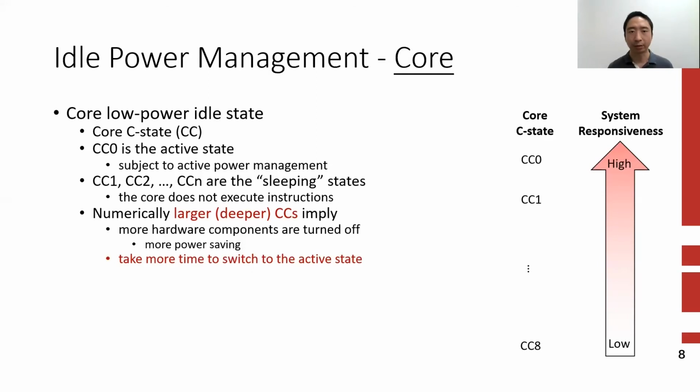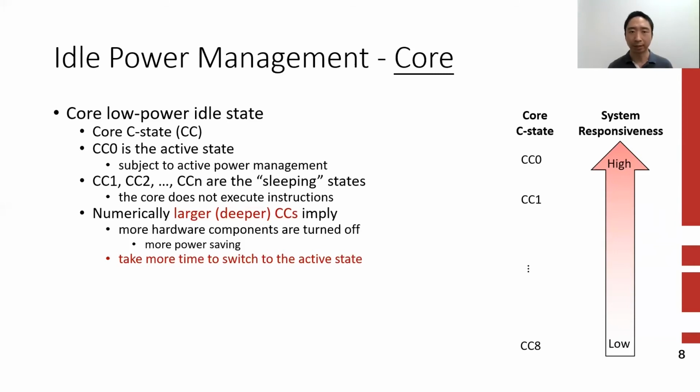First, we take a look at the idle power management of an individual core. Core low power idle states, or core C states, define the levels of turning off the core. A larger value of the C state indicates more components of the core are turned off, and hence more power saving.